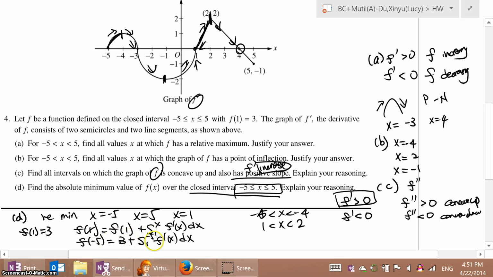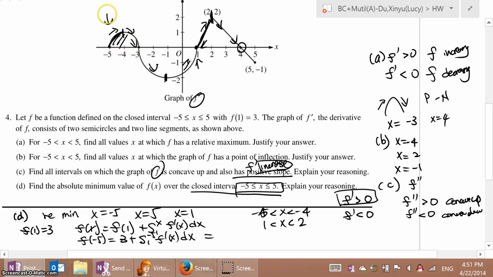And we have to figure out the area for this one, and it's a half circle with a radius of 1, which has an area of pi over 2, and in the same way there is a half circle with a radius of 2, which has an area of 2 pi, and we got 3 minus pi over 2 plus 2 pi.